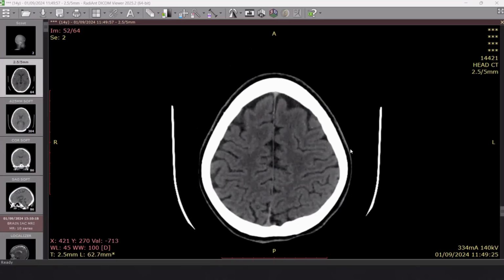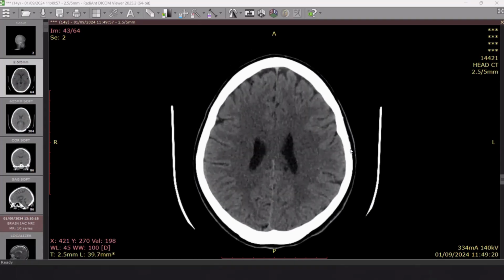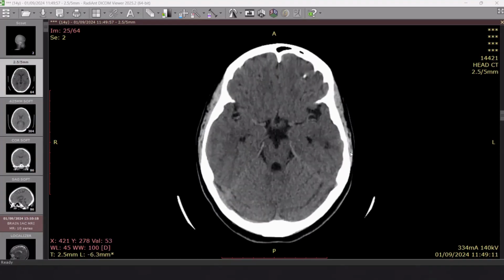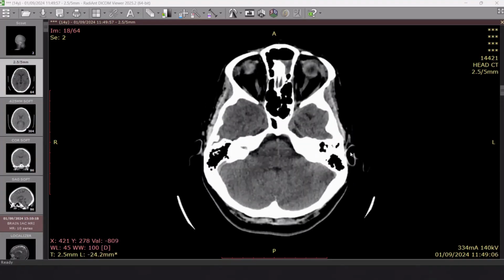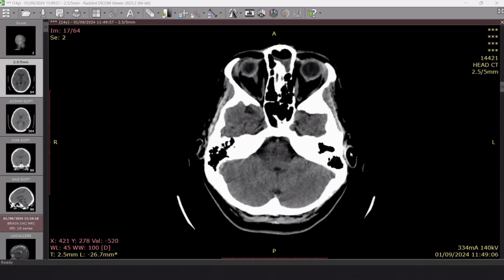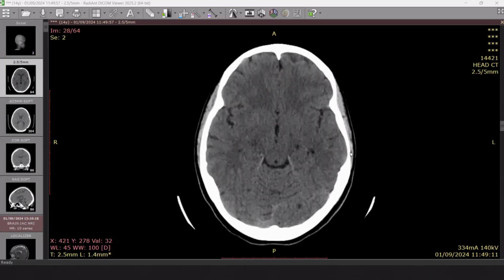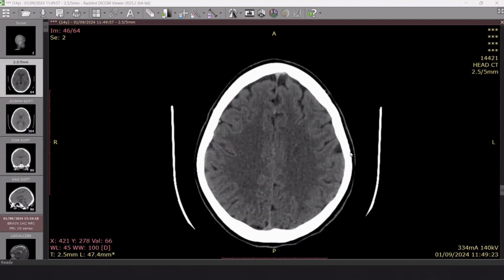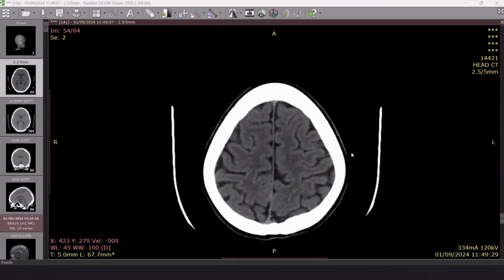So we have a CT scan without contrast of a young patient, 15 years old, with ataxia. I can appreciate some prominent extra-axial spaces which are inappropriate for the age of the patient.